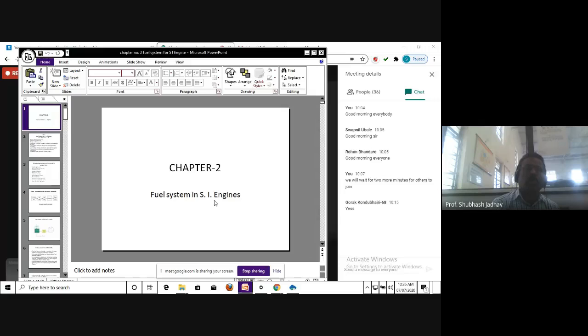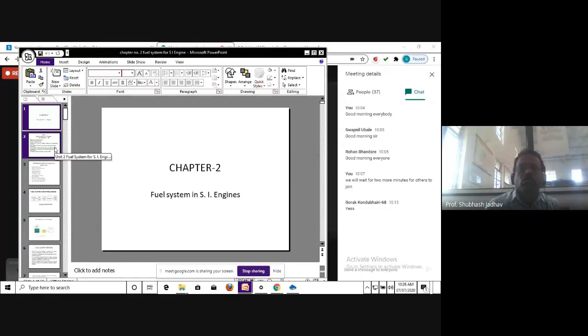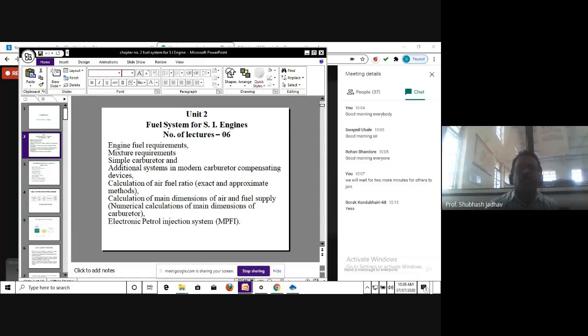Let us first discuss the syllabus, and then we'll go for the actual description of the content. These are the points related to the fuel system in SI engines. The weightage is for 6 hours.